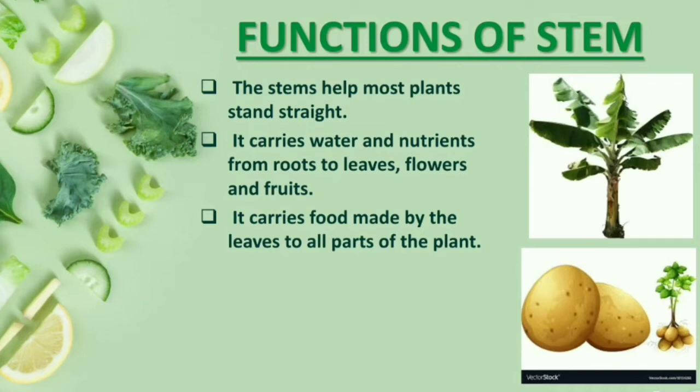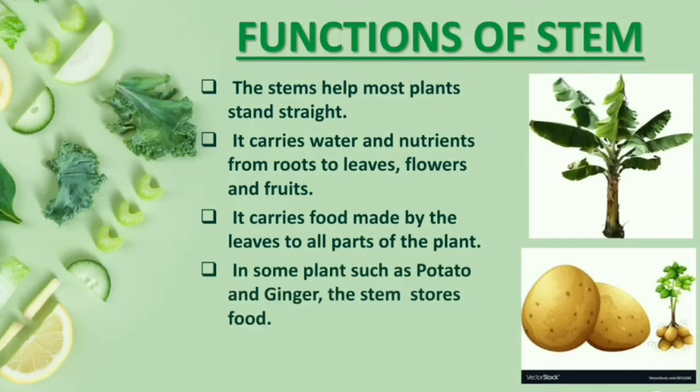It carries water and nutrients from roots to leaves, flowers and fruit. Now the water is absorbed by the roots, but roots give the water to stems, and stems carry the water to different parts like flowers, fruits, leaves. It carries food made by the leaves to all the parts of the plant. Now the stem also carries the food for the plant.